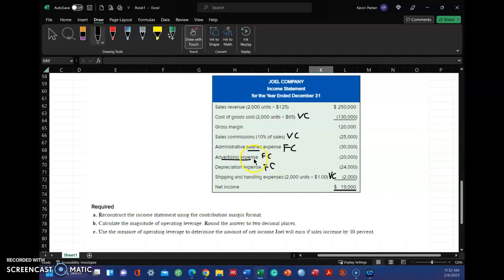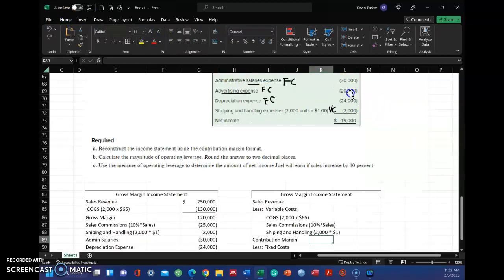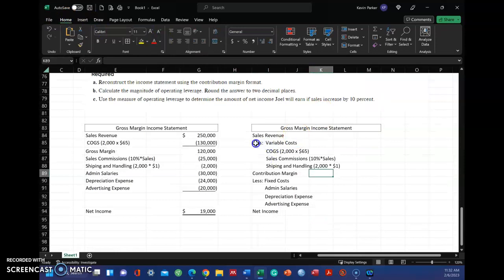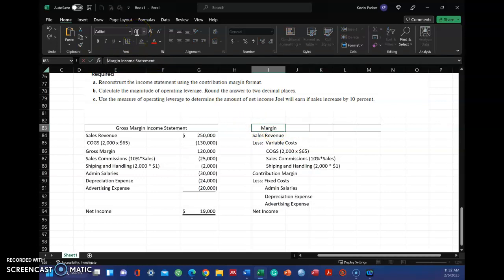So why did I just do that? Simple. We're going to divide the contribution margin statement. I copied it over. All right, so we're going to divide the contribution margin income statement into variable and fixed. Okay, so the contribution margin, very important, you need to know it for the test, is sales minus all variable costs, total variable costs, equals contribution margin.